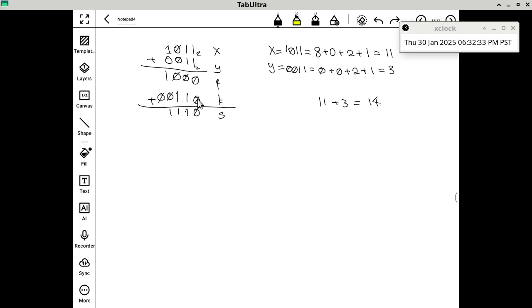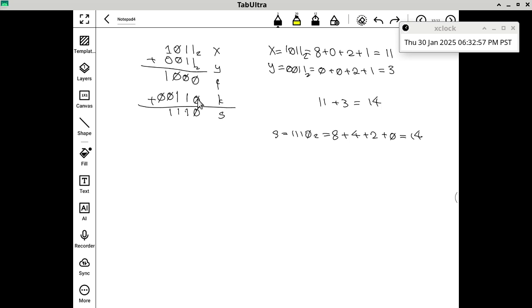Okay, so now we have to look at the sum. The sum is 1110. These are all in base 2. So that's one of 8, one of 4, one of 2, none of 1. So now we have 14. The base 10 version adds up to 14.